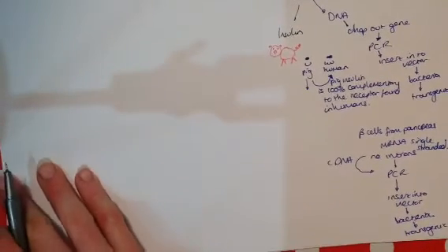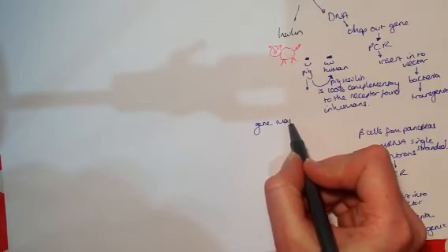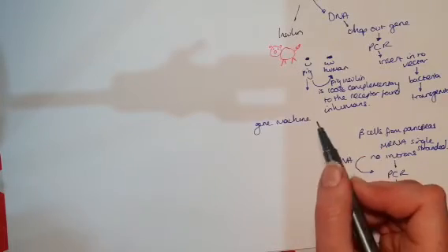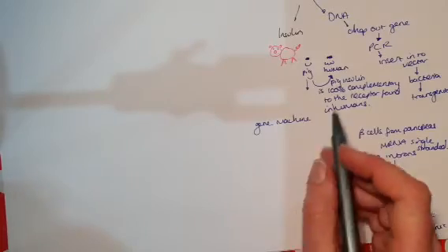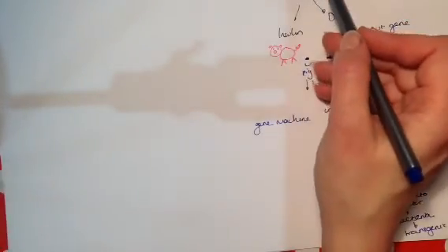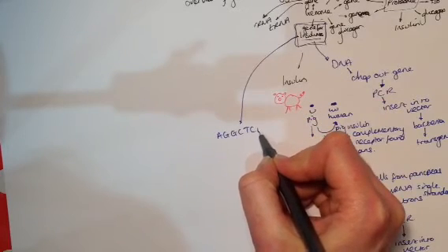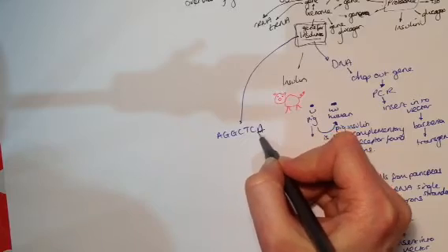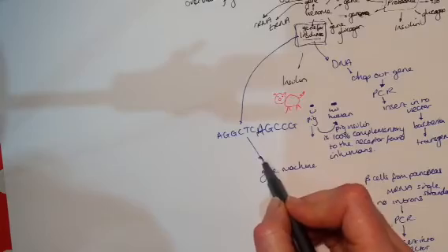Okay, the last way that you can make your gene that you want to put into your bacterium is using a gene machine. Now, a gene machine is a relatively new tool. All that you're doing there is you know the sequence from your genome, so you've got your genome, and you take the gene for insulin sequence, whatever it is, make it up. Okay, and then you put that into your gene machine.